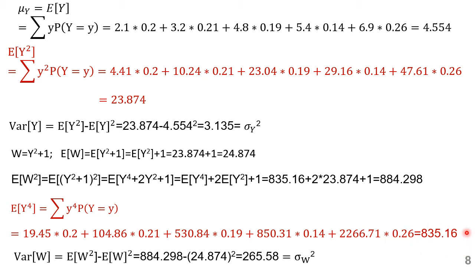So you get 835.16. That is being substituted here to compute E of w square.